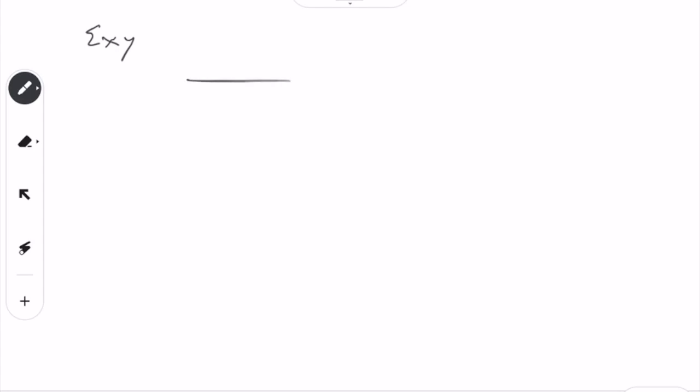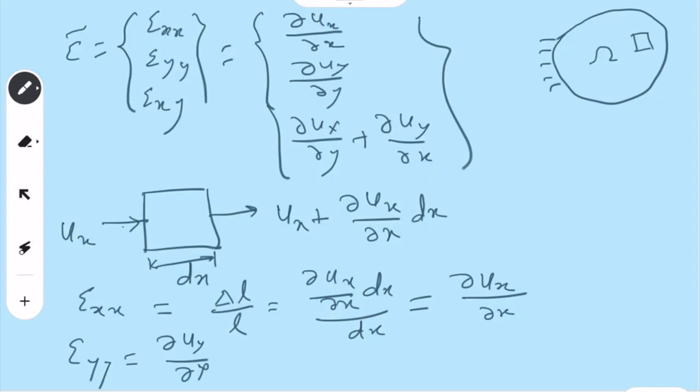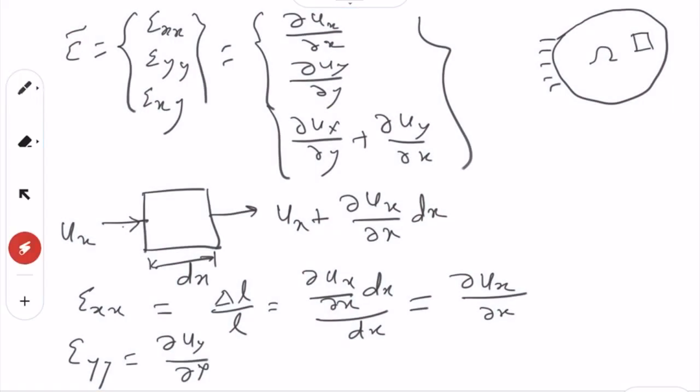Let us say you have the control element that we have taken from here.